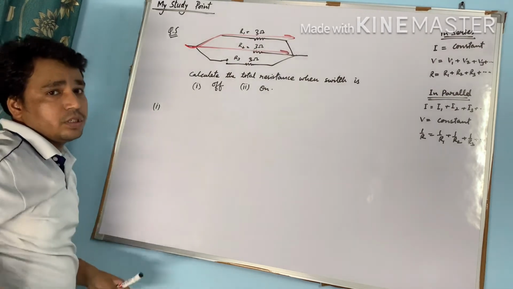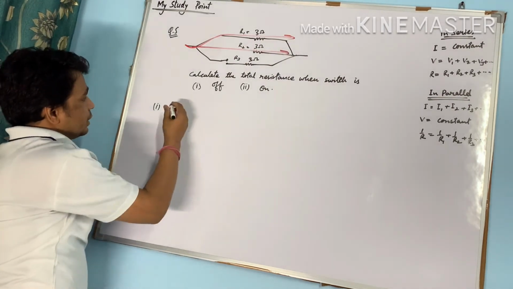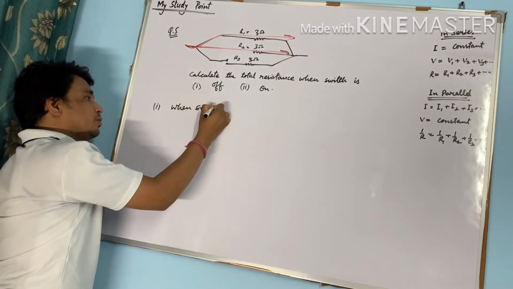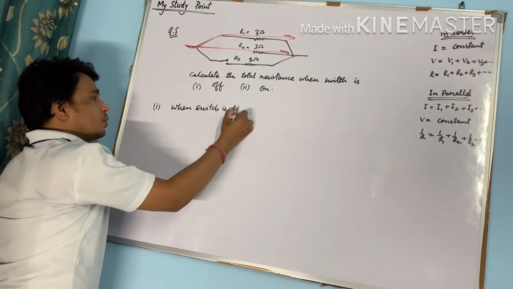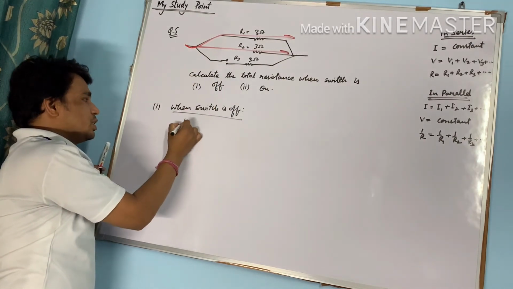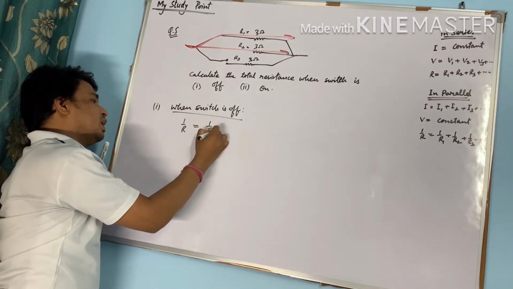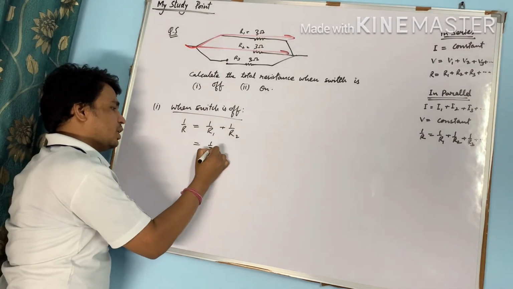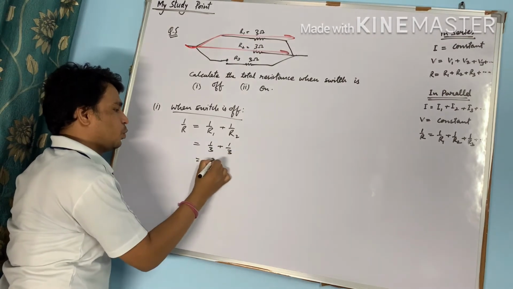Current will not pass through the third one, because it is disconnected. So only two resistors will work, that is 1 by R is equal to 1 by R1 plus 1 by R2, that is 1 by 3 plus 1 by 3, 2 by 3.